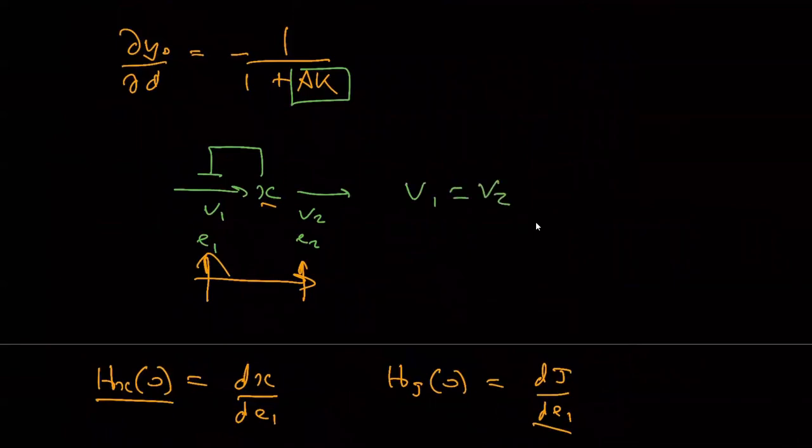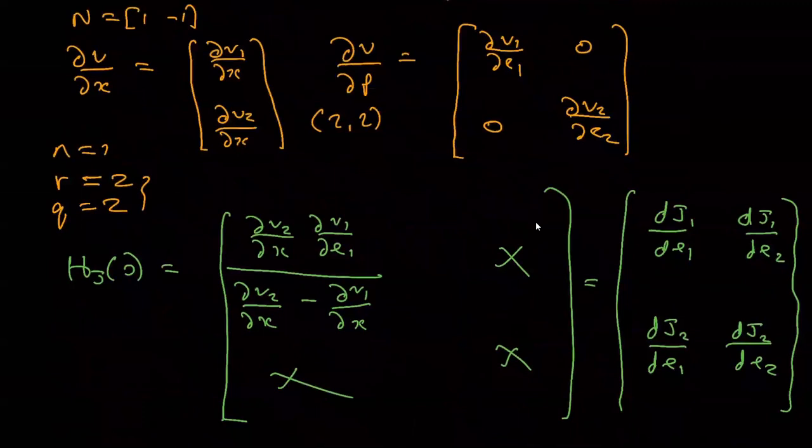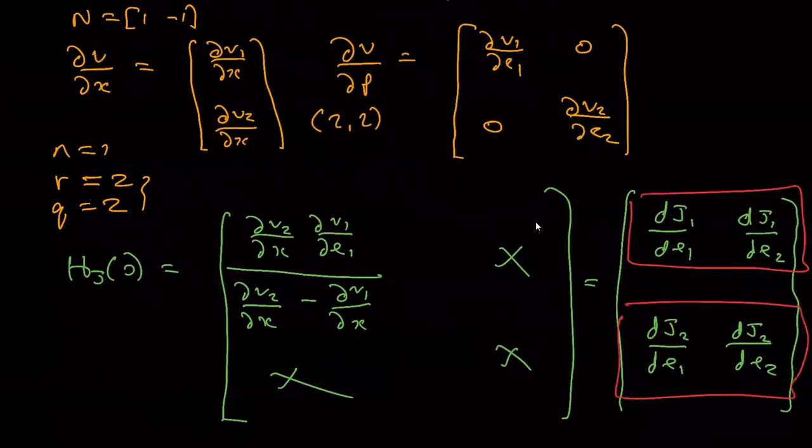So the flow at steady state, which we refer to as J, equals J2, and these are equivalent. So in fact, these two rows are identical because they refer to the same flux. So dJ1/dE1 will be the same as dJ2/dE1 because J1 and J2 are the same at steady state.